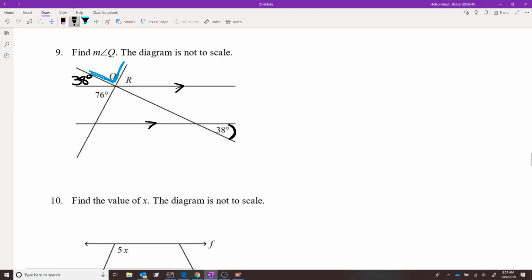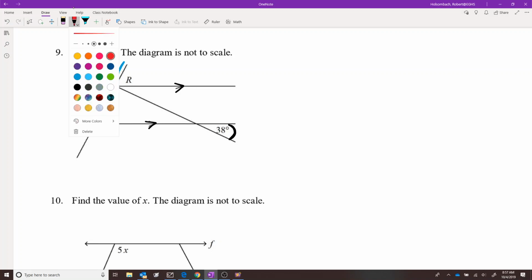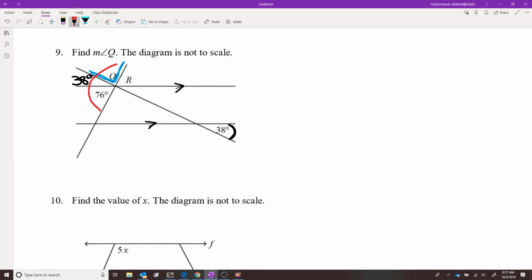Now, do you see these three angles? Right here. These three. They all form this line, don't they? Okay? So you got a 76 plus a 38 plus an angle Q has to equal 180.